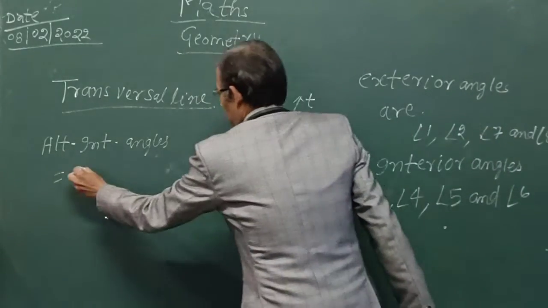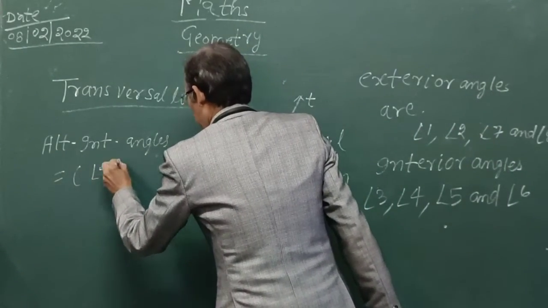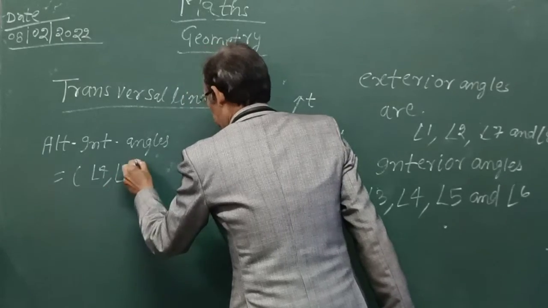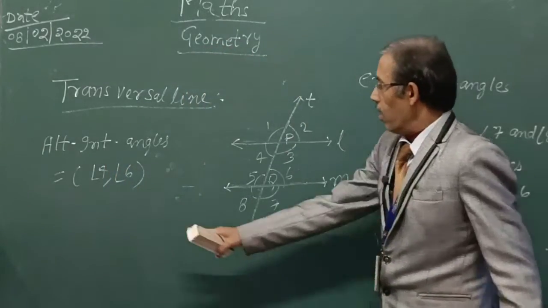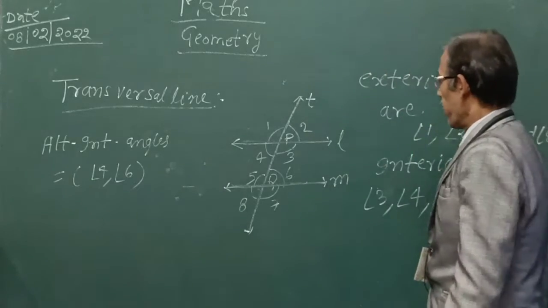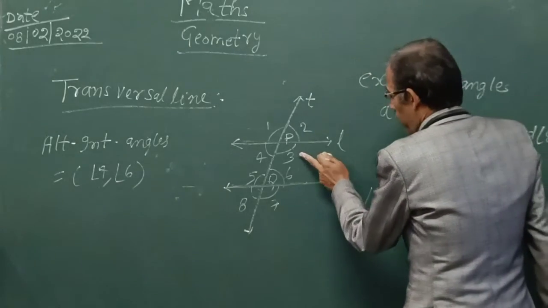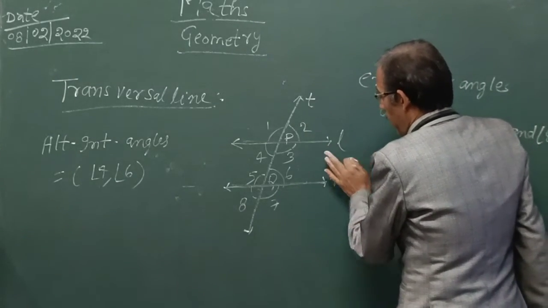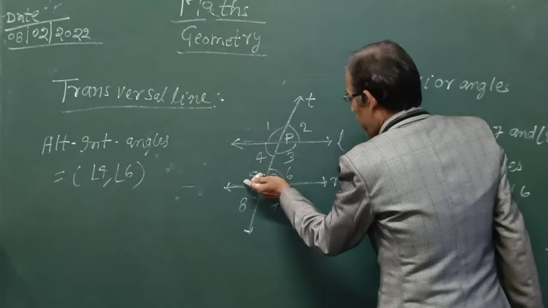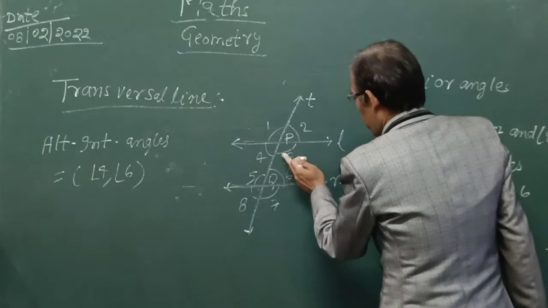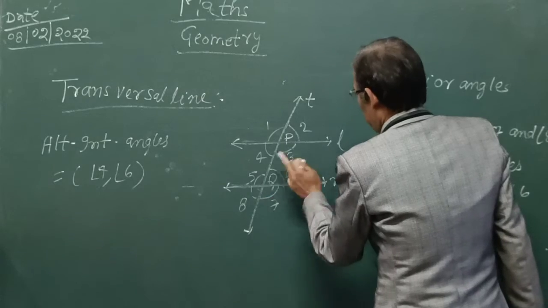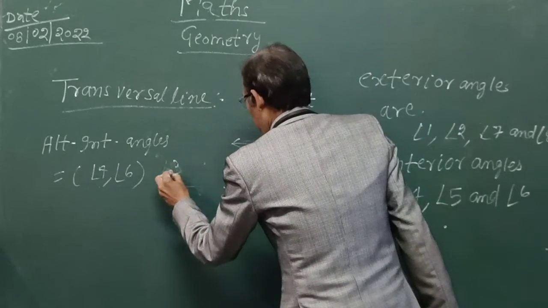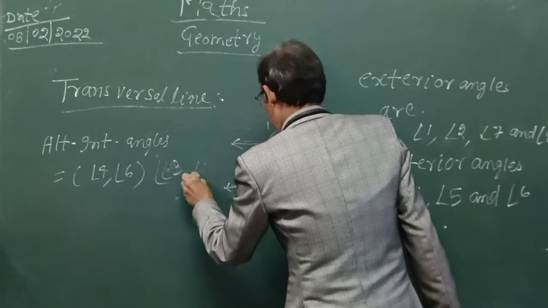Angle 4 and angle 6 are a pair of alternate interior angles. Second, one upper angle is 3 and one lower angle is 5, which are on opposite sides of this transversal line: angle 3 and angle 5.